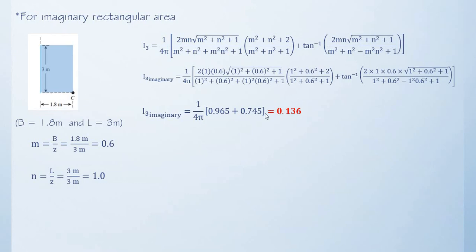And if you're going to use also the table, since these values are in the table, from table 3.9, the value of I3 is equal to 0.1361, which is the same as the value we got from the equation.